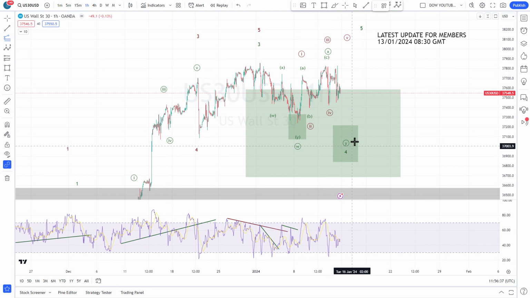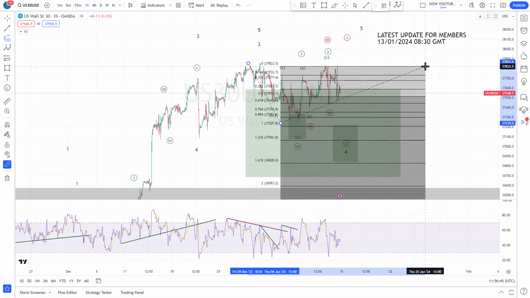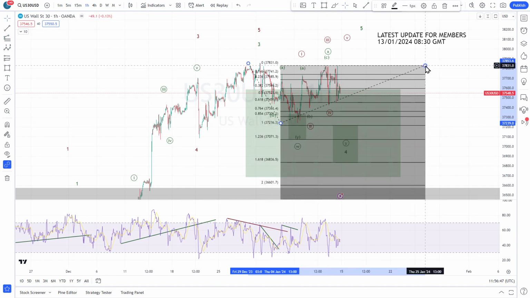So the target of this Y leg then becomes, if we take the length here of our wave W, the length of the wave X, then what we have here, the extension between the 1 and the 1.618 Fib extension becomes the target of our wave Y.